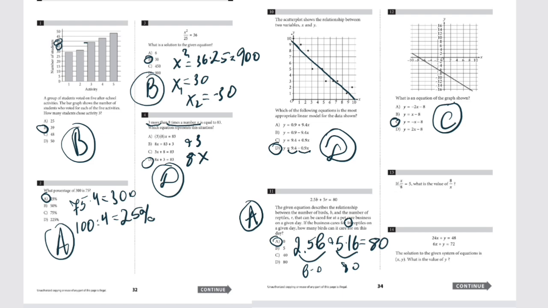If x divided by 8 is equal to 5, what is the value of 8 divided by x? Actually, 8 divided by x is equal to 1 divided by x divided by 8, and we know that it is equal to 1 over 5, because x divided by 8 is 5. So the answer is 1 over 5.